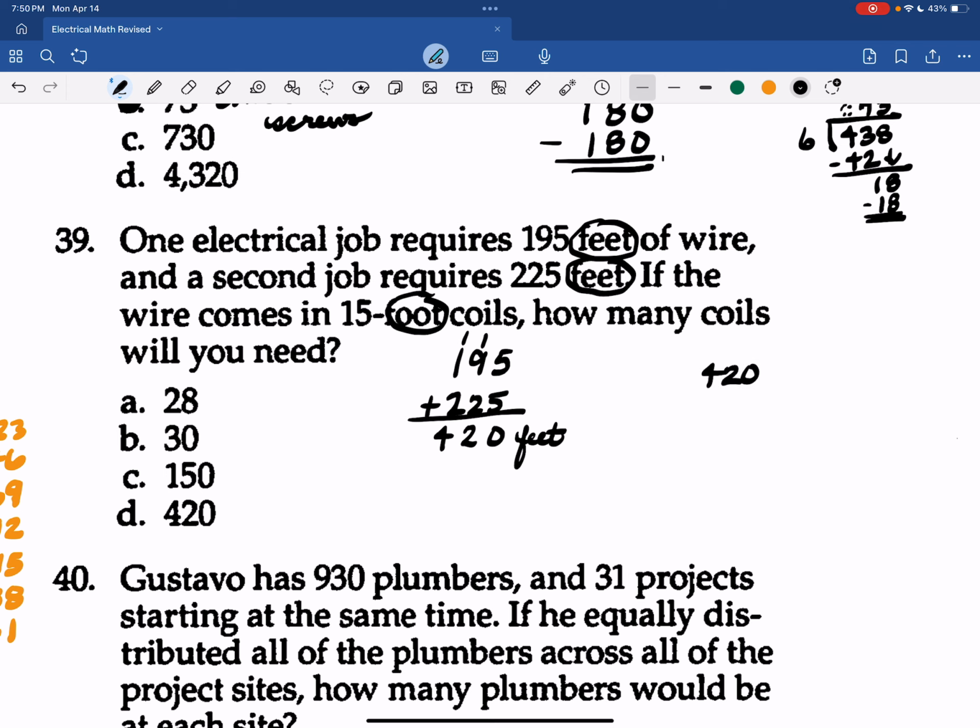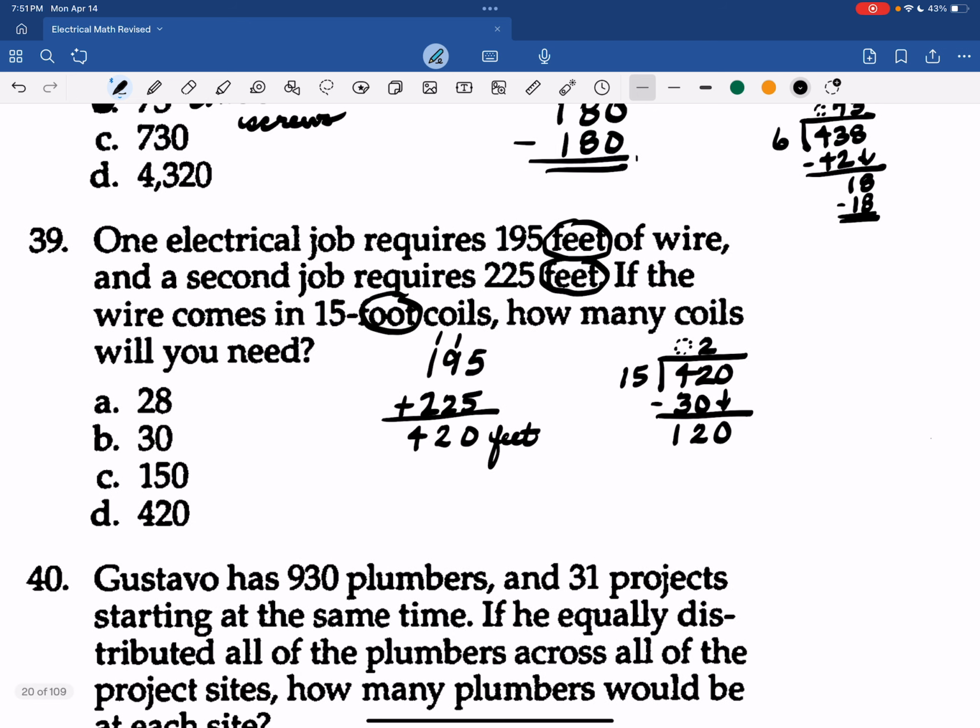420 feet divided into those coils. No luck there, but 15 times 2 is 30. Go ahead and bring down that 0, and you have a 120 here. Now, if you know it's 8, that's great. If you don't know, I would get close.